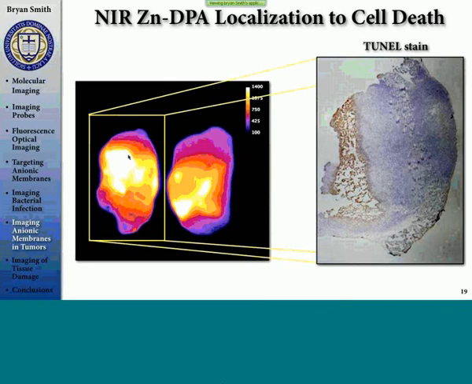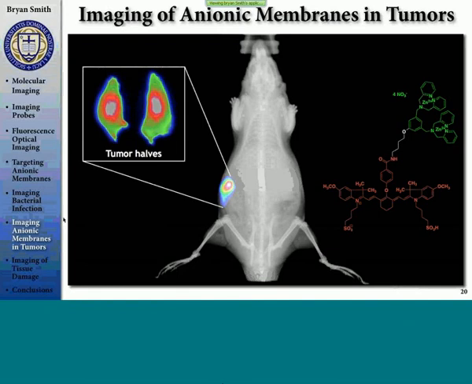With that, I then did a TUNEL stain, which is a common stain for cell death, and the cell death is indicated by the brown in this tumor slice. This co-localizes very well with the fluorescence intensity that we see from the necrotic cells in this mammary xenograft.